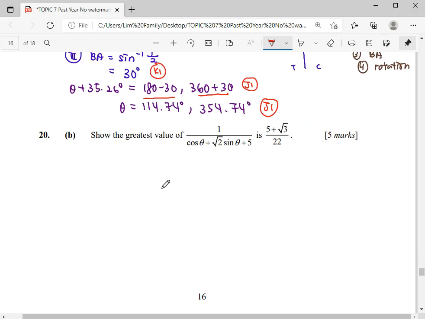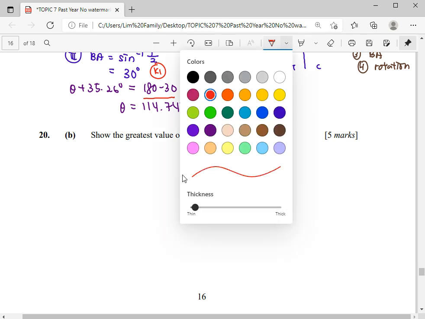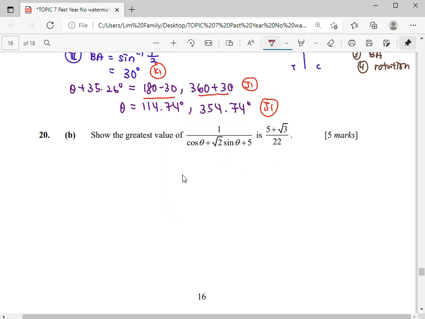For part B, show the greatest value for this expression. What we got from part A is cos theta plus square root 2 sine theta. We already expressed it in single trigo, which is square root 3 sine of theta plus 35.26.